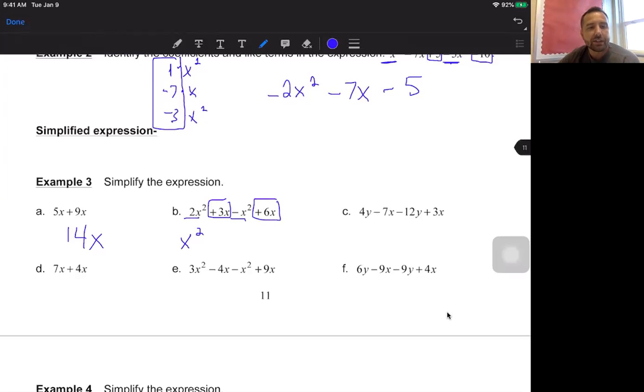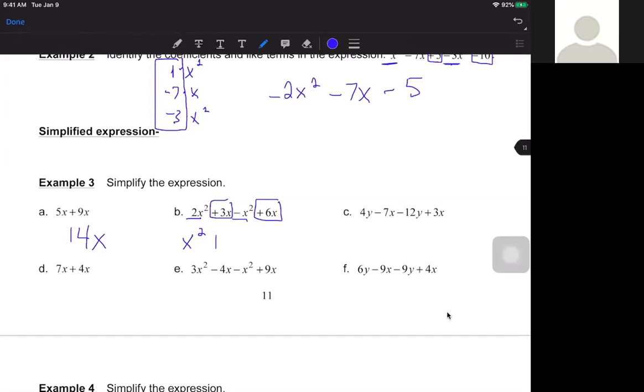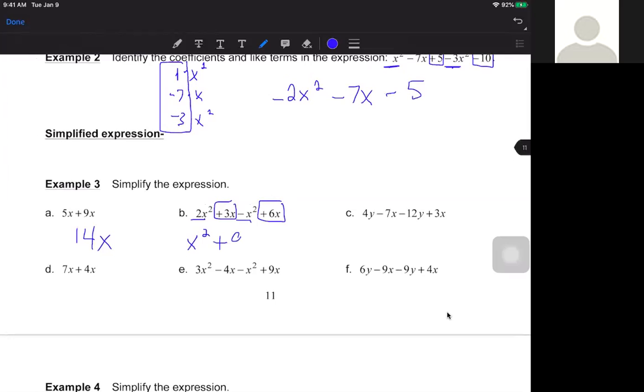Haley, what's 3x and 6x? What are we left with there? 9x. Awesome. And that's our simplified expression, x squared plus 9x.